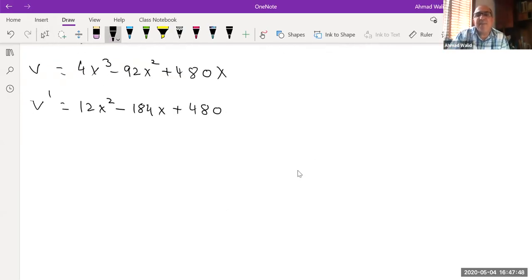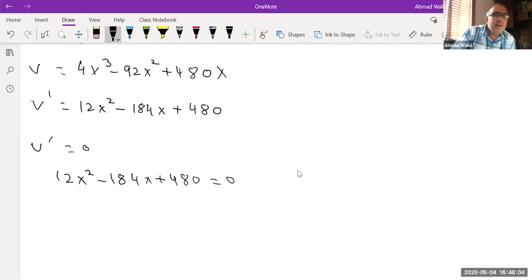Next step, finding critical numbers. It means v prime equals 0. It means 12x squared minus 184x plus 480 equals 0. I think we can divide by 4.